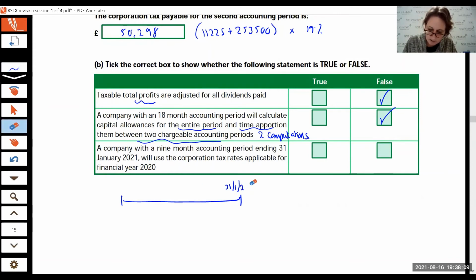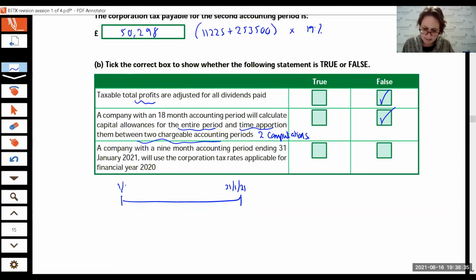I've got to think about when that period would start. So I've got 1 month already in 2021, so I must have got 8 months in my previous year. So I must have started on the 1st of May, I think. Or June. I think I got my months wrong again. Let's try. I'll count them.